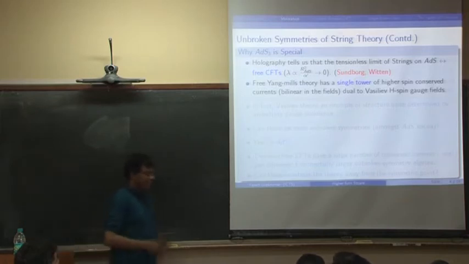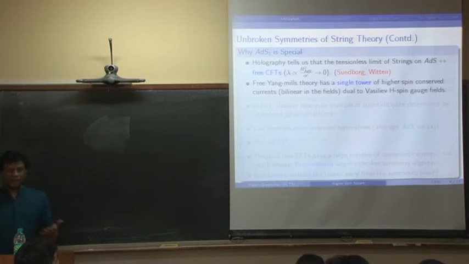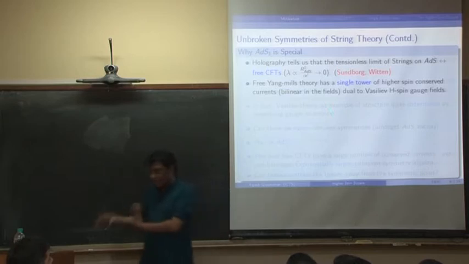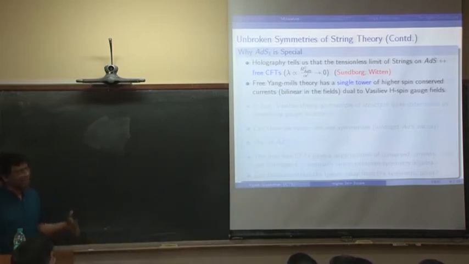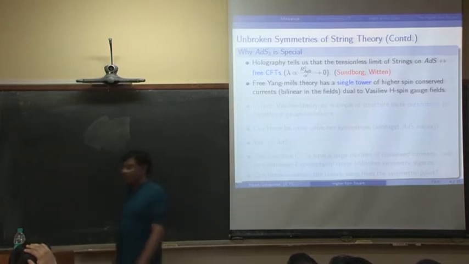So the dual CFTs we understand. Even if we don't understand the string theory directly, the string theory on anti-de Sitter space is something we don't yet have direct analytic control over. But we understand the free CFTs. If there's any CFT we understand, it's the free CFTs.